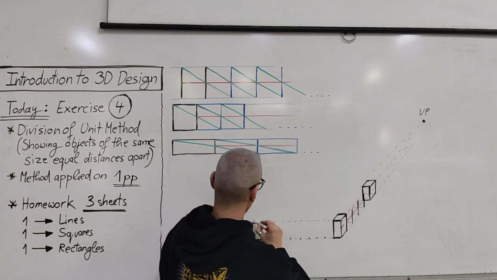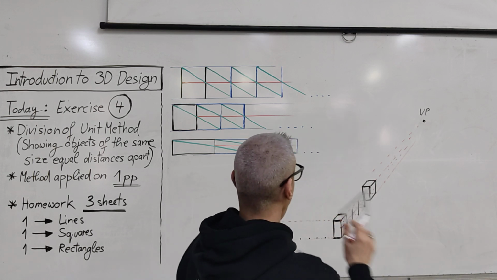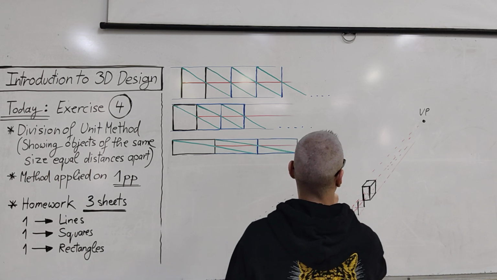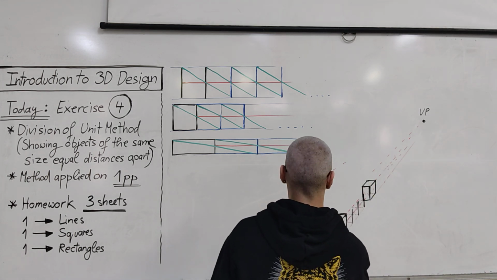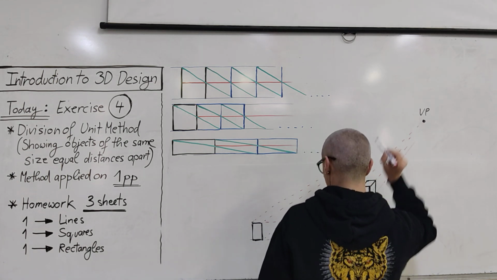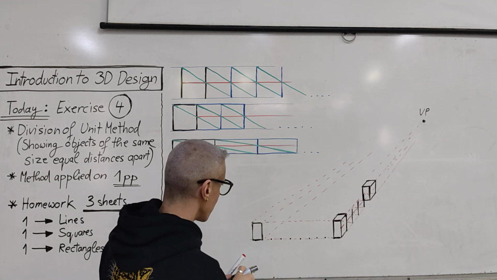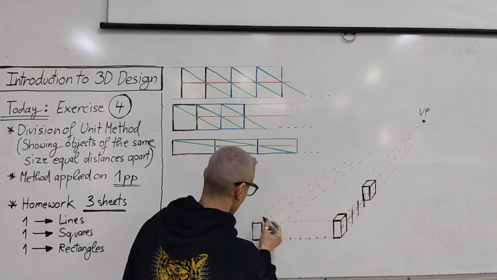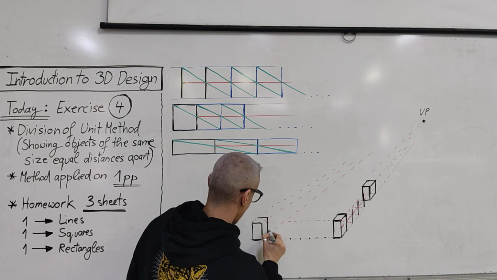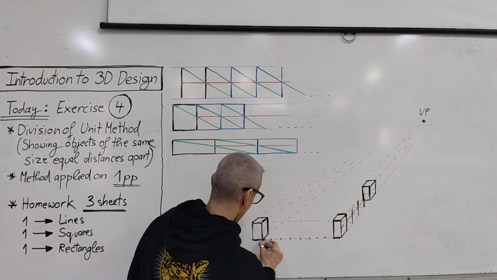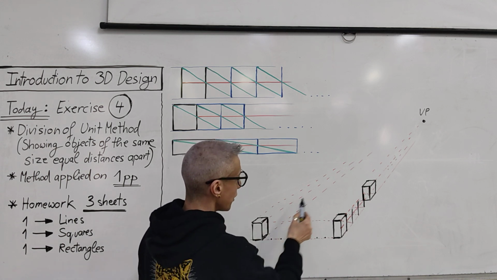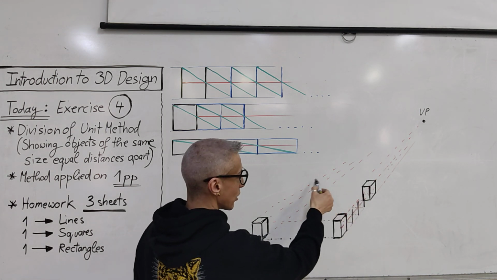So from here to the vanishing point, okay, I will just quickly have the vanishing point. Now, if we need to find, okay, where is the location of this object but here?